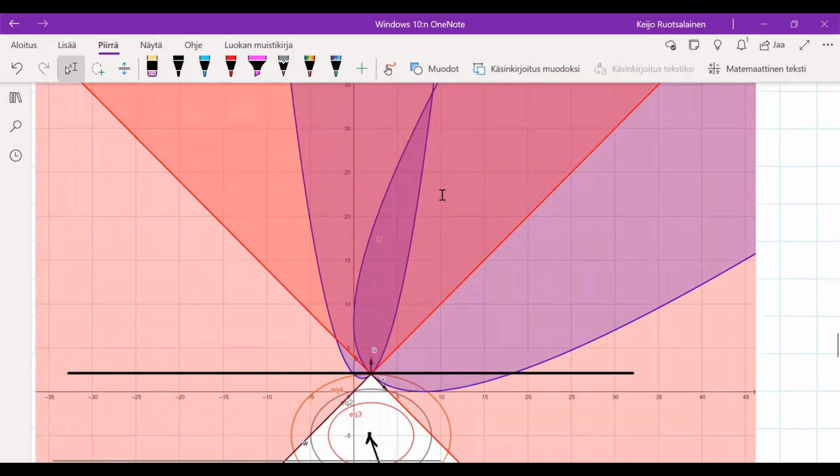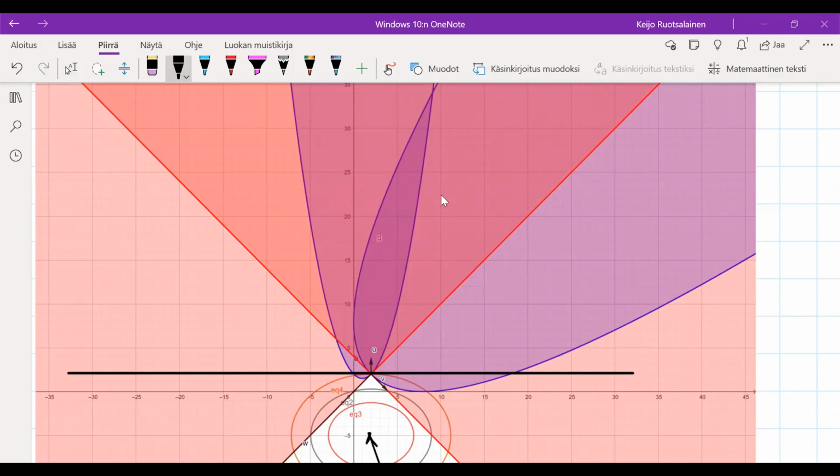We have here these 2 parabolas, and the constraint set is here. And I have drawn with the red lines the boundaries of the cone of feasible directions.